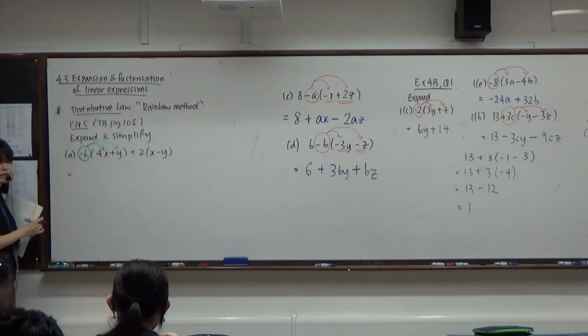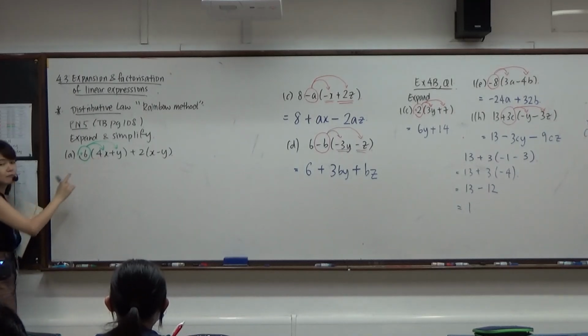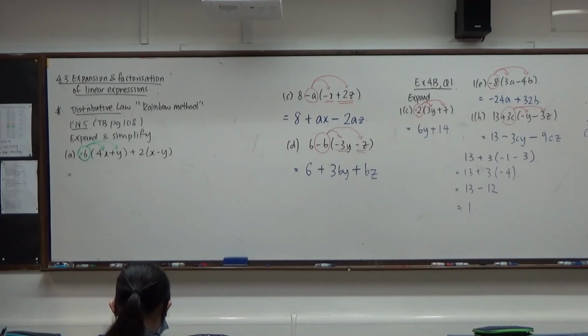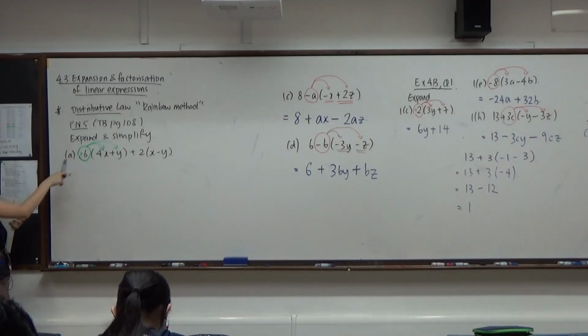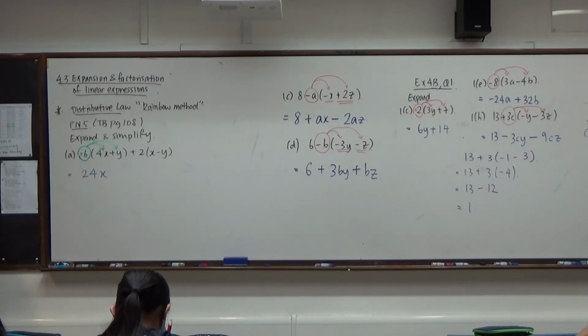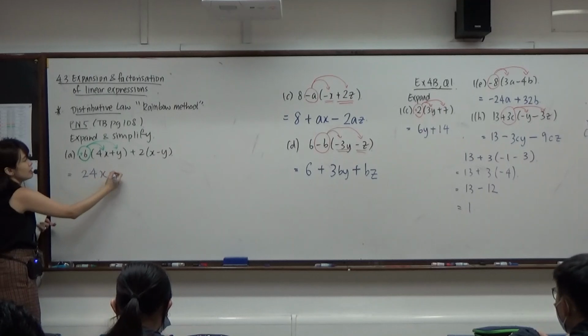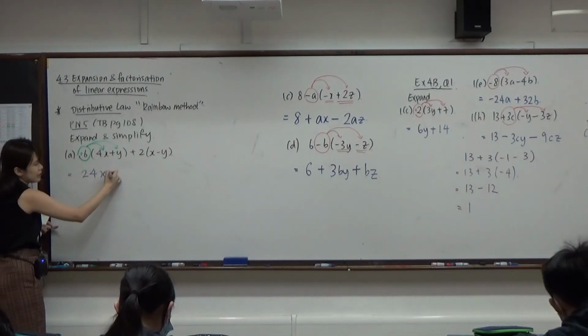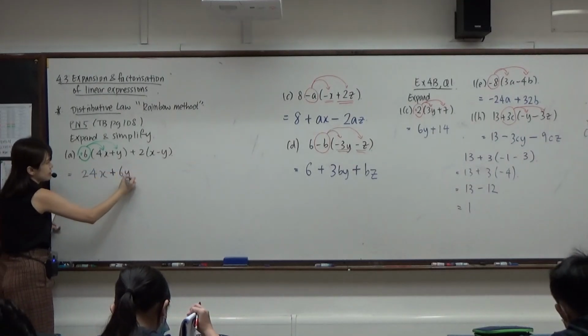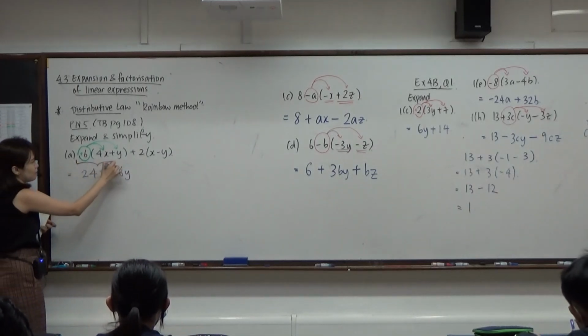Positive 6 multiplied with 4x, if you're not good with mental calculation, please press your calculator, but 6 times 4 gives us 24. So we have a 24x. Then 6 times single y, positive and positive gives me positive, so I will get 6y. So that is from my first pair of brackets.